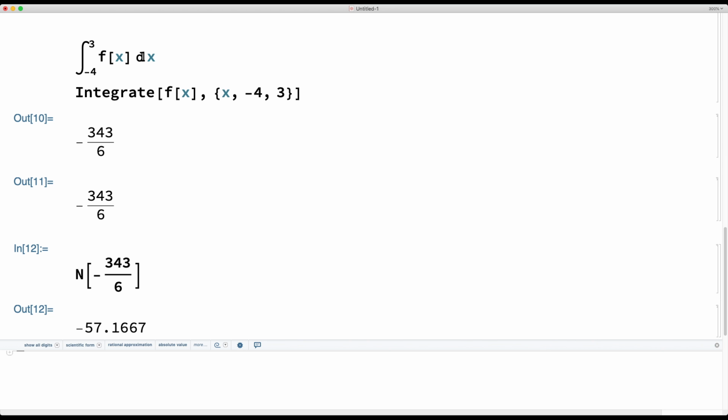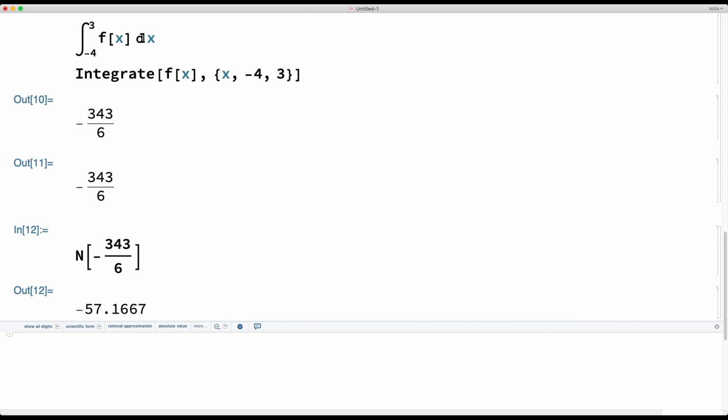So the function capital N, whatever you put into it, will return its decimal expansion. It defaults to six digits, so negative 57.1667, great.